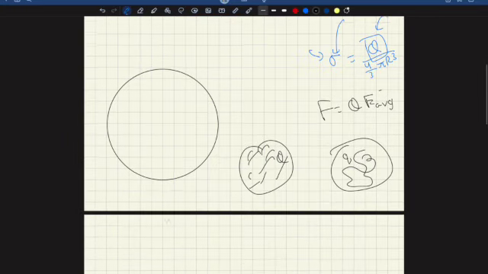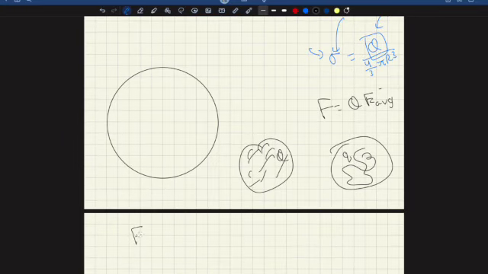By Newton's third law, the force exerted by the small charge distribution on the big charge distribution is the negative of the force exerted by our uniform capital Q on our random neutral small q.